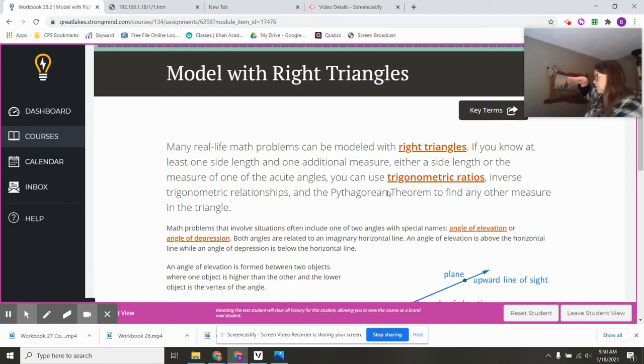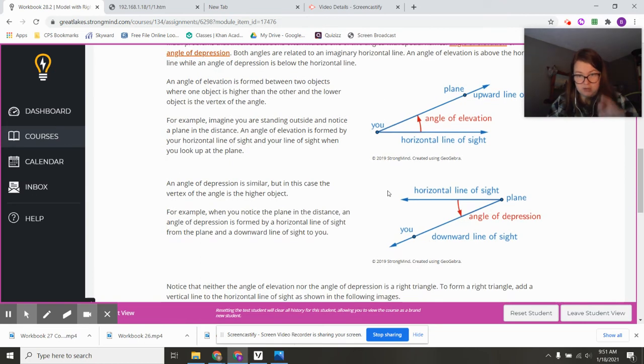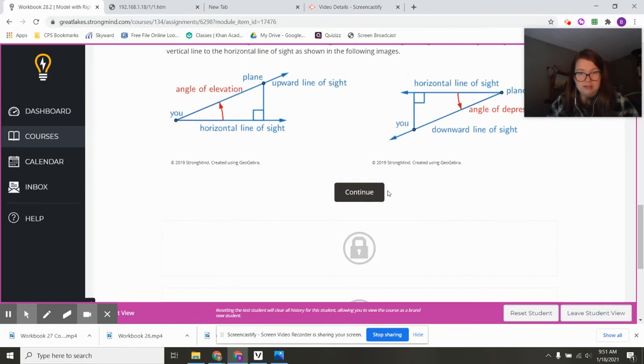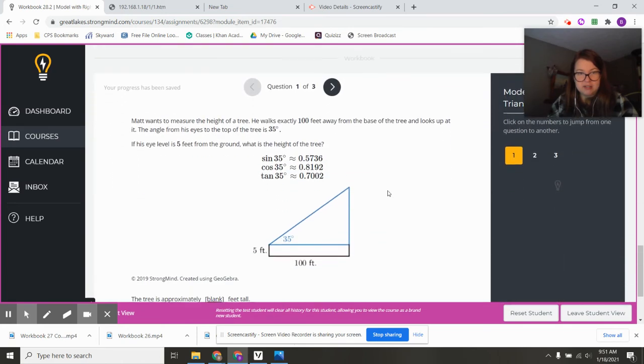If I'm looking straight ahead and I get depressed and I look down, then that angle right there is the angle of depression. I know depression is a real thing, but this is just how I remember those things. So angle of elevation, I'm watching an elevator; angle of depression goes down. Okay, so then we're going to do these things here.